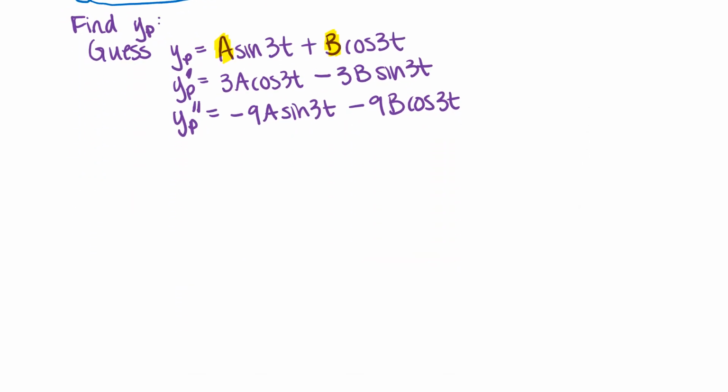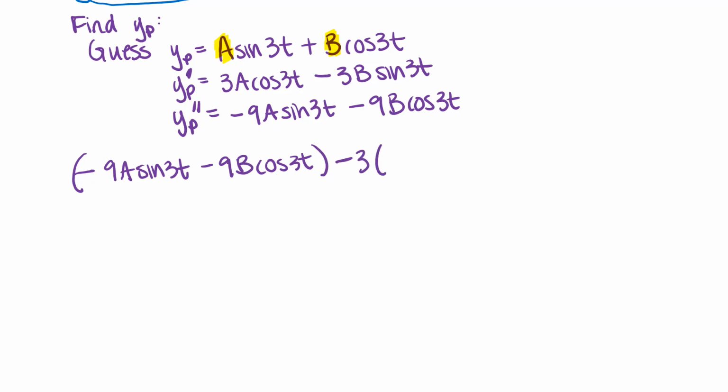Alright, so the first term in the original differential equation was y double prime. So I'm going to substitute in, and I'm going to go ahead and put parentheses around that just so you can see as I'm writing this out here. That is my y double prime. And then the second term in the differential equation was minus 3 times y prime.